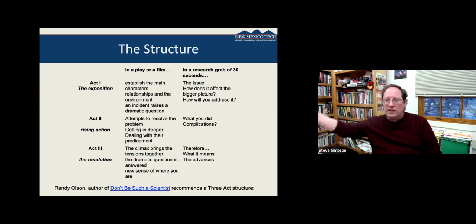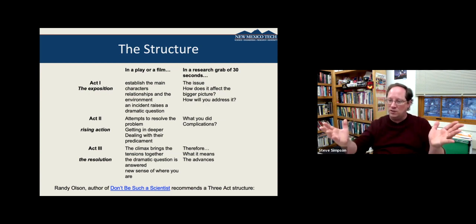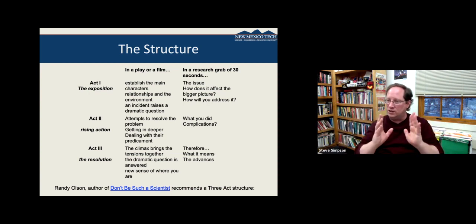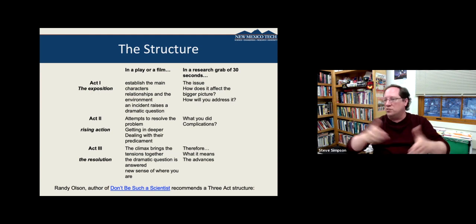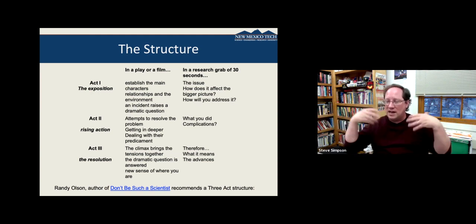We get cleaner lakes, or we get a better understanding of this particular delivery of anti-cancer drugs can improve our understanding of cancer treatment. Something that kind of relates back out to the bigger picture.